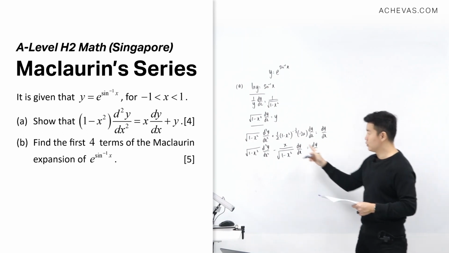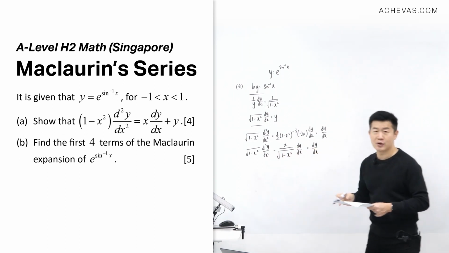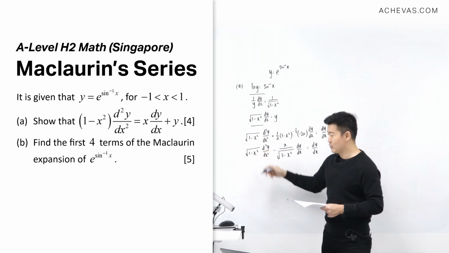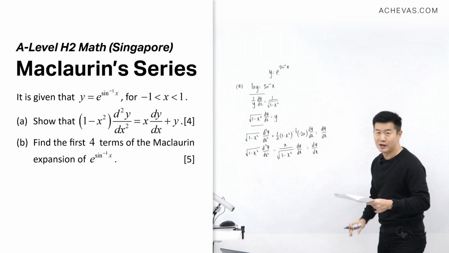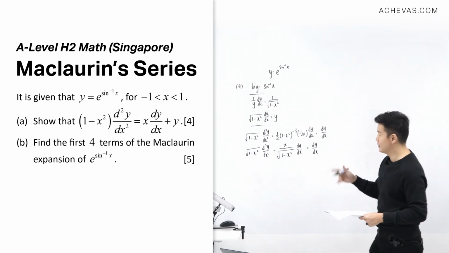And now, if I were to multiply throughout by square root of 1 minus x squared, this will become the same coefficient as the coefficient of d squared y dx squared. So it seems like the strategy is still working. So let's continue.